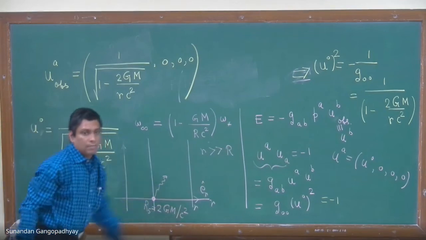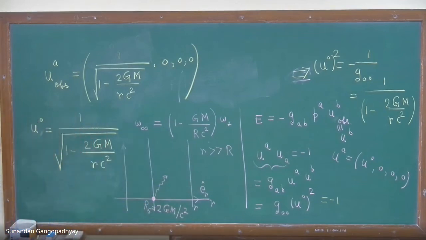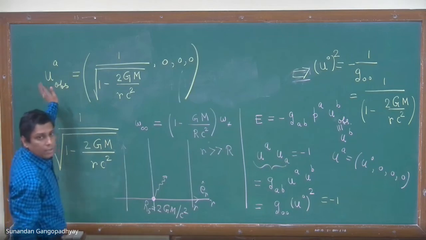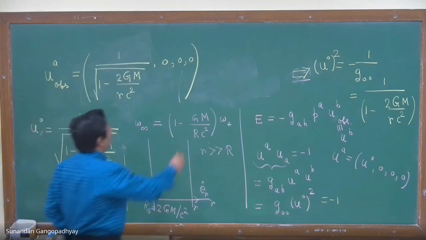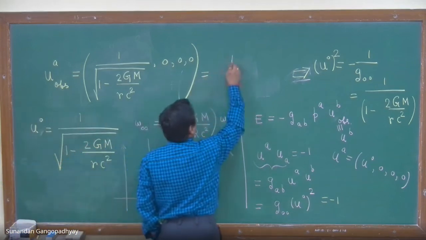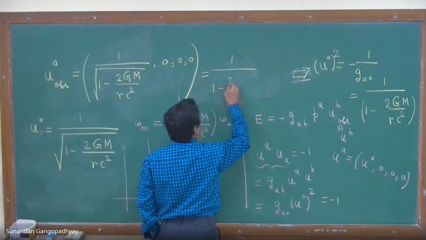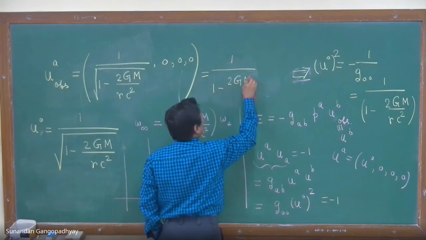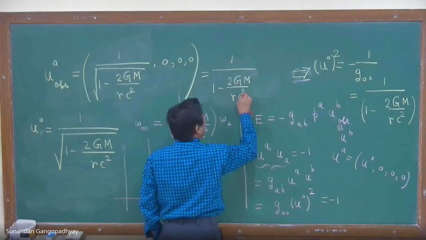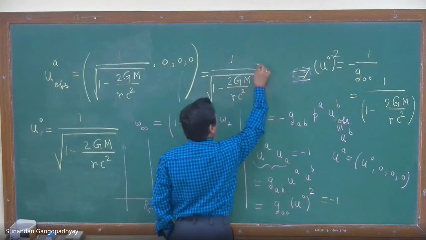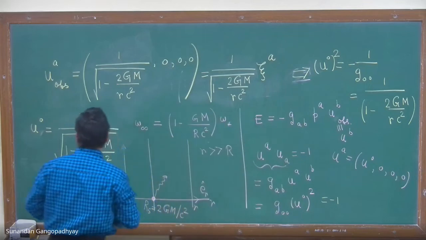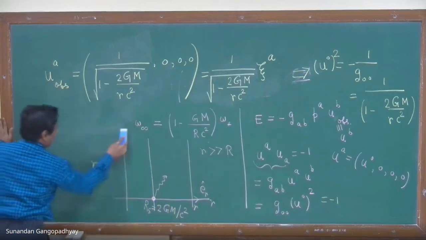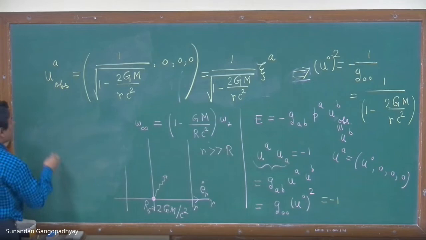In general, for any stationary observer situated at any arbitrary r, you can write it down as this, where what is I^A?